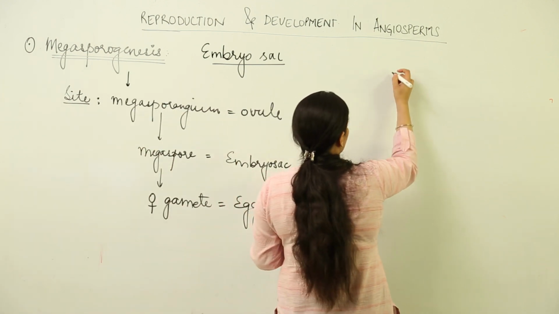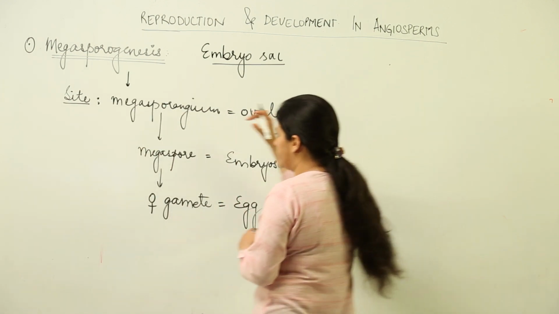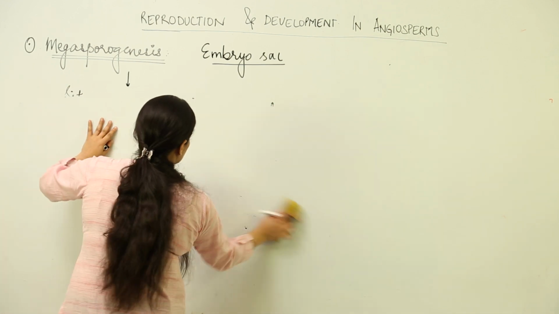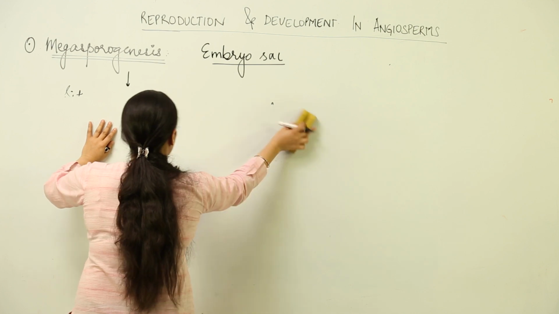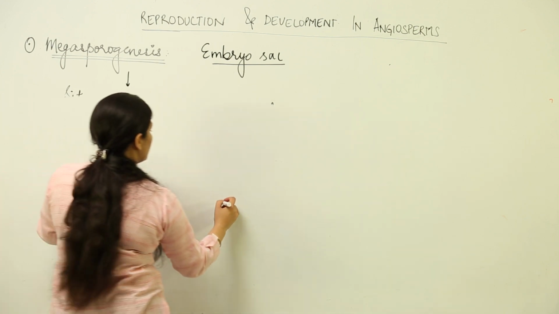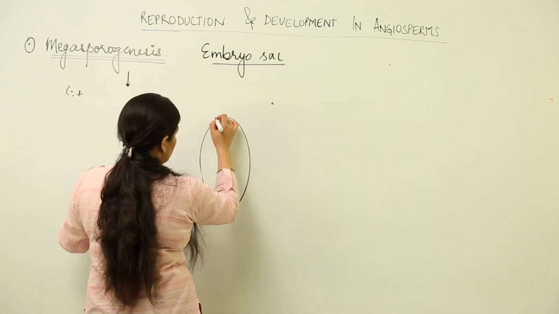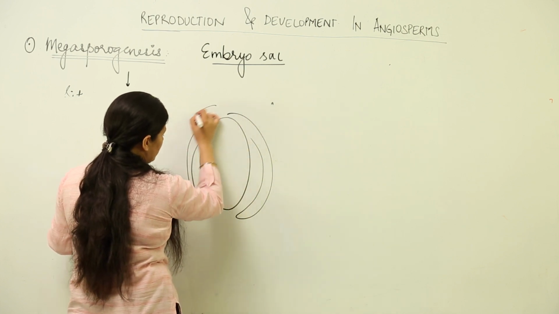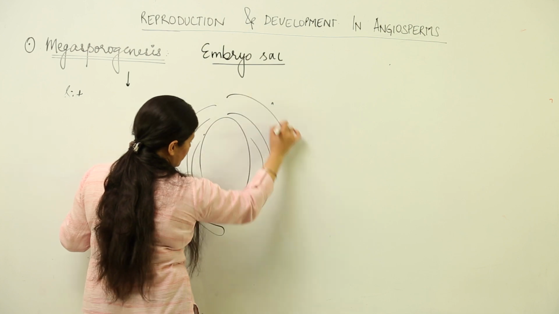Now, if you remember, we had the structure of the ovule, which looked something like this. There was a nucellus, there were integuments, integument number 1, integument number 2, and there was the micropyle.